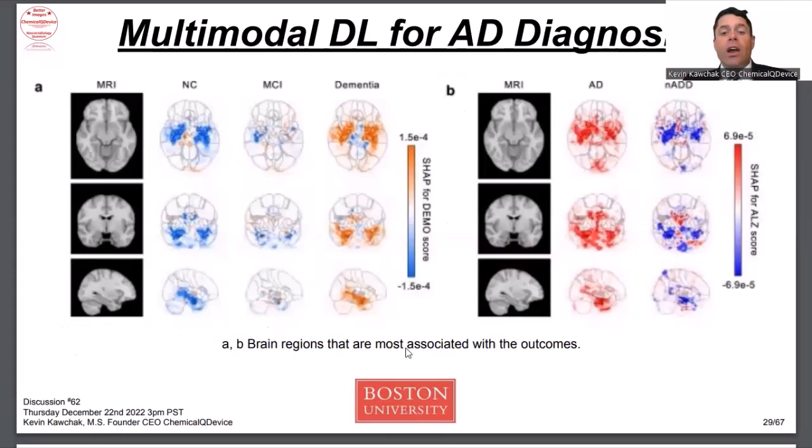It says brain regions that are most associated with the outcomes. So as you can see in A, with the MRI and dementia, and they're using this SHAP and demo score, what's showing up where, if it's axial or the different types of cuts of images that we're seeing right here.